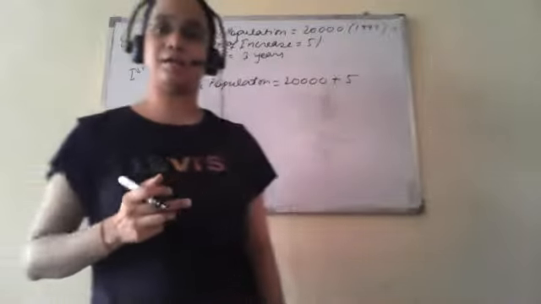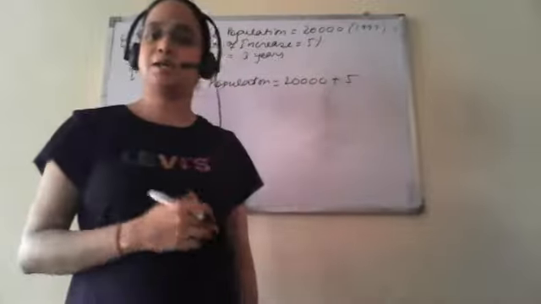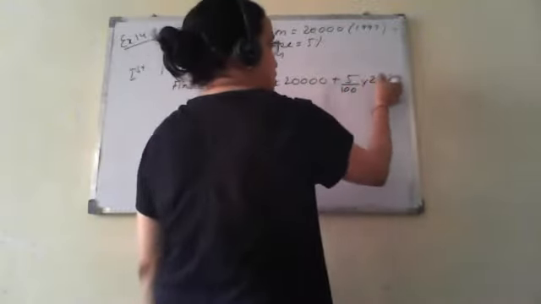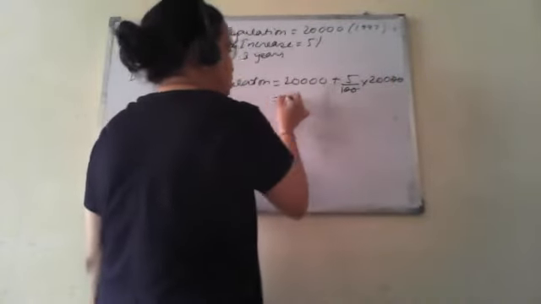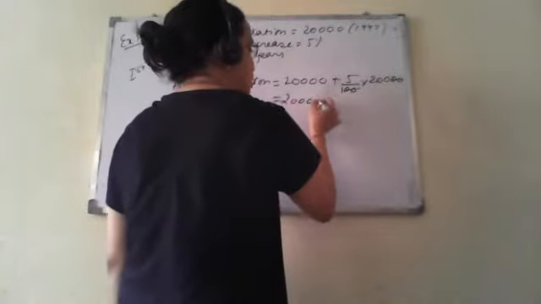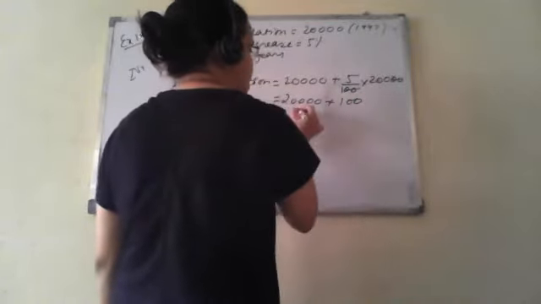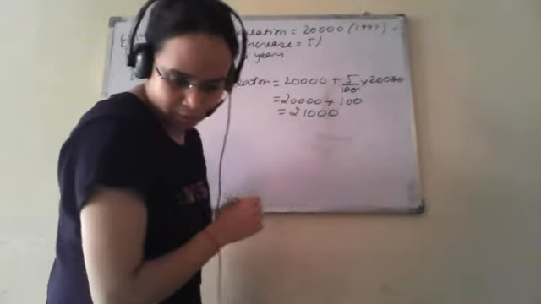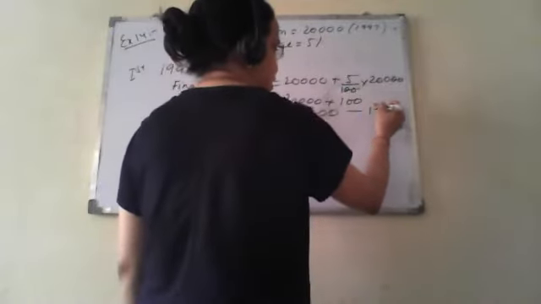If it had been stated as a decrease of 5%, this would be minus. Since it is an increase, we are adding 5% of this 20,000. So it is 21,000 at the end of the first year.